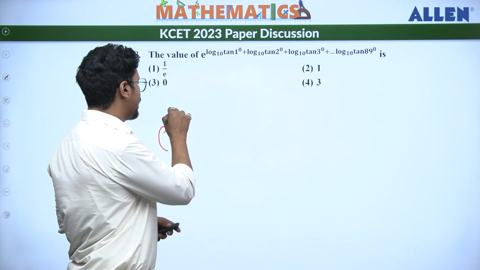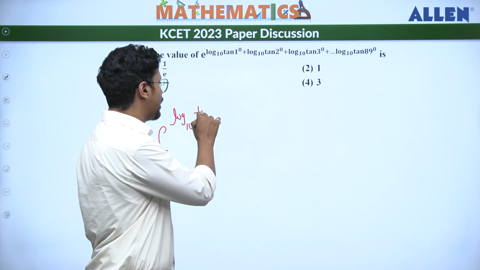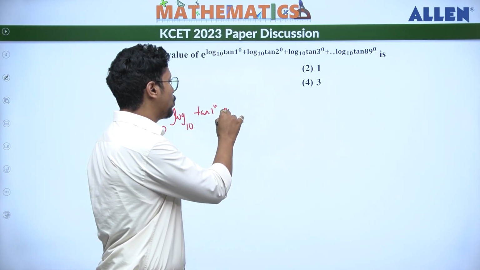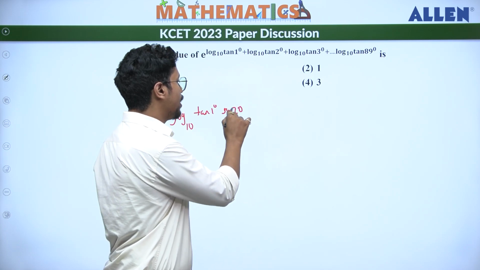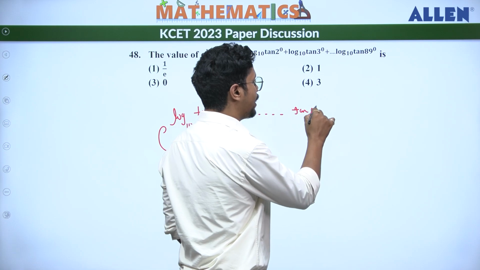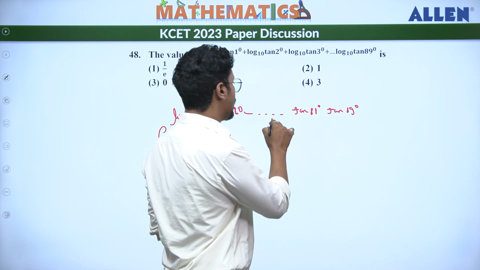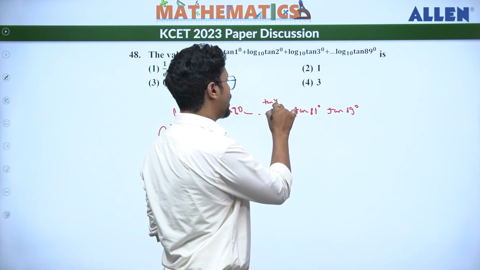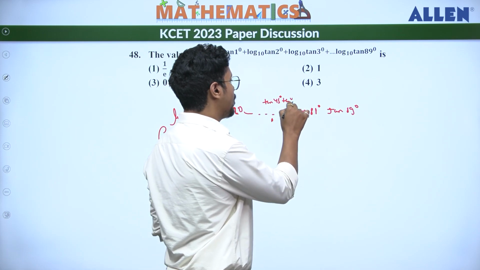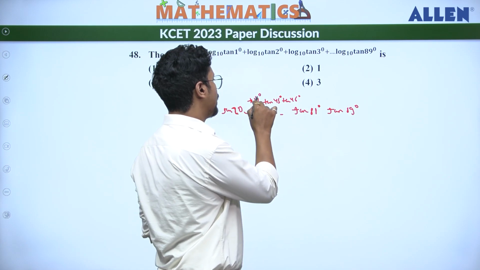So what you will get is e to the power log with a base 10 of tan 1 degree into tan 2 degree, and so on, till tan 88 degree and tan 89 degree. In between you will have tan 44 degree, tan 45 degree and tan 46 degree.